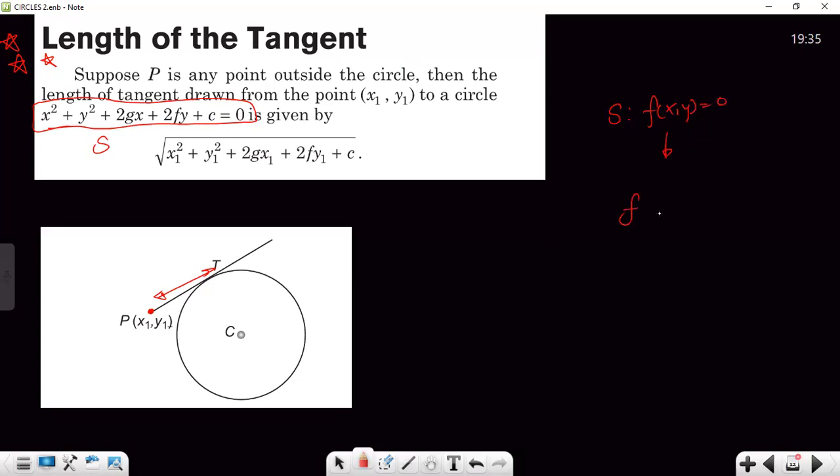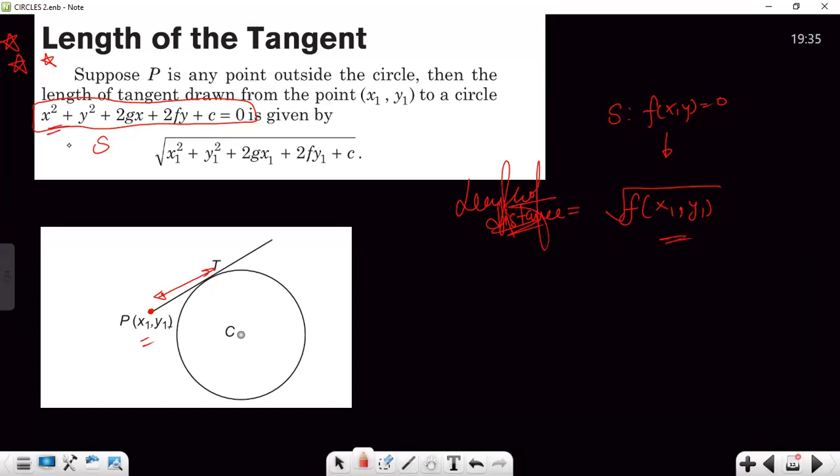Now substitute X and Y with the point we need, X1 and Y1, and then take its square root. This is simply the distance, or we call it the length of tangent.